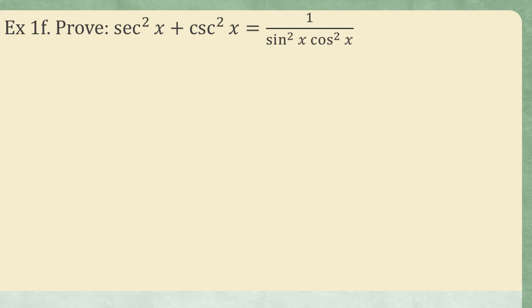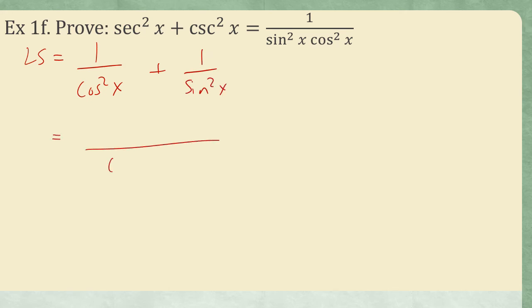F, prove this. Okay. Well, let's convert things to sine² and cos². So left side equals secant² is 1 over cos², cosecant is 1 over sine². I need a common denominator, which is 1 of both those things, which means that times that, which is sine² x, that times that, which is cos² x.